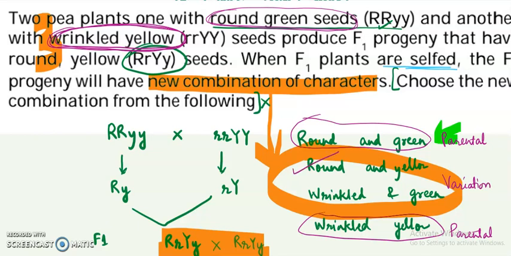So round and yellow and wrinkled and green will be the correct answer to this question. This seems exactly the same as the dihybrid cross, but dear students, this is just not the same. The logic is applicable: you need to find the parental combinations from your result, and the other 2 remaining will be the new combinations of characters. I hope this has been understood. Let's move on to the next now.